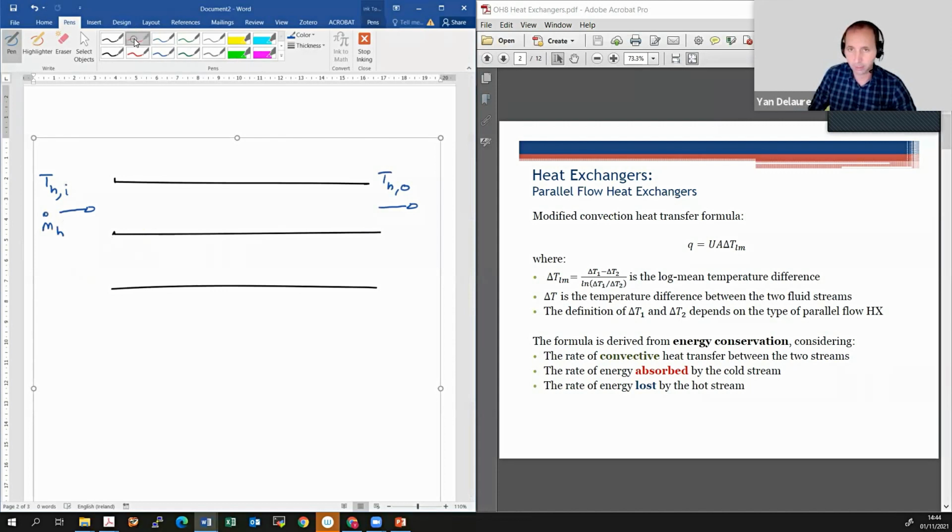The cold stream is going to come in with a temperature Tc,i at the inlet and a mass flow rate of the cold stream, and exits with a cold stream temperature Tc,o, if you have heat exchange, which will be different on the outlet. So O stands for outlet and I stands for inlet.